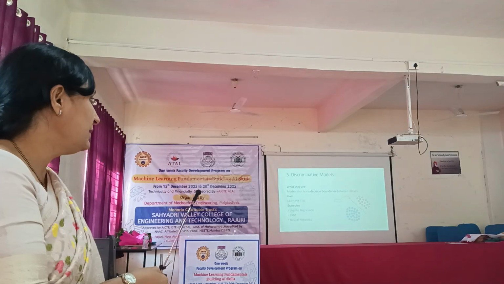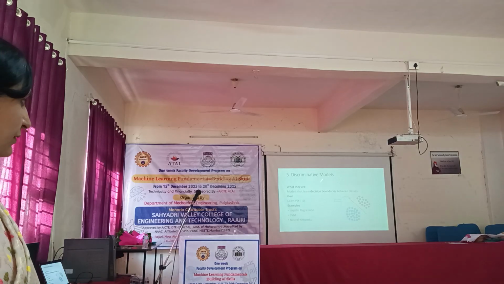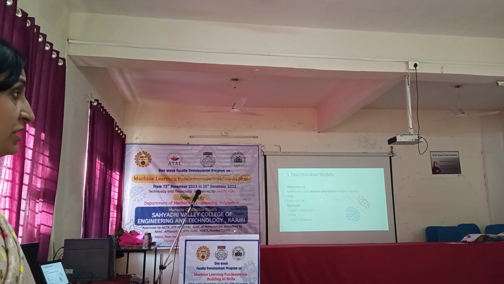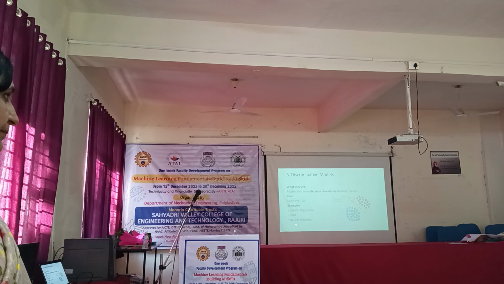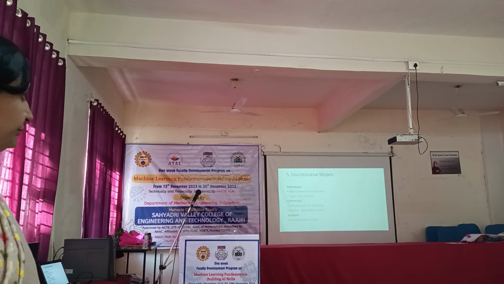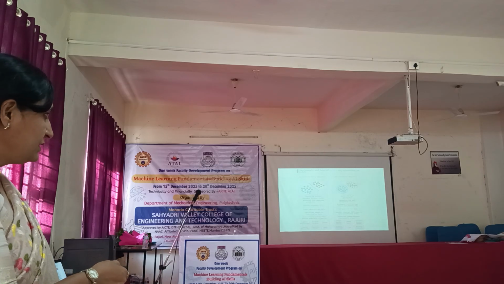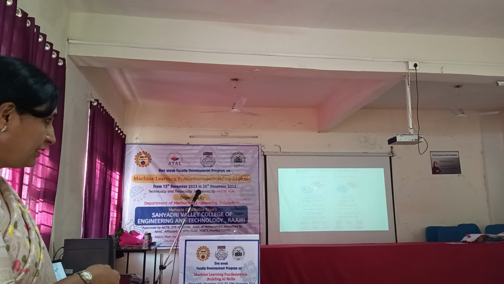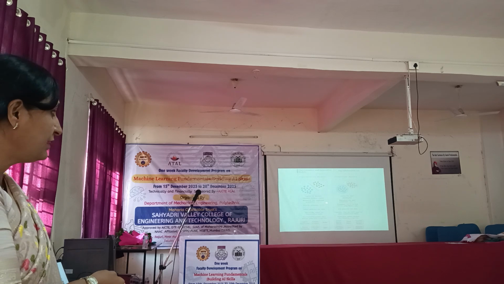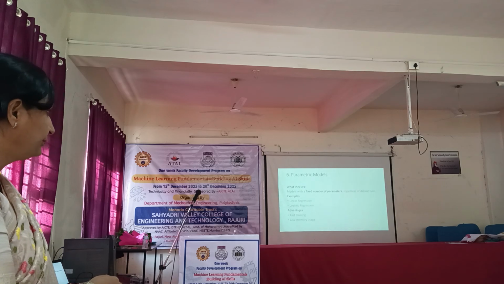That is your discriminative model. Models that learn decision boundaries between the classes. Examples: logistic regression, SVM, neural network, etc. In a discriminative model, clearly a line or plane is there, and in a generative model, separate clusters get formed.